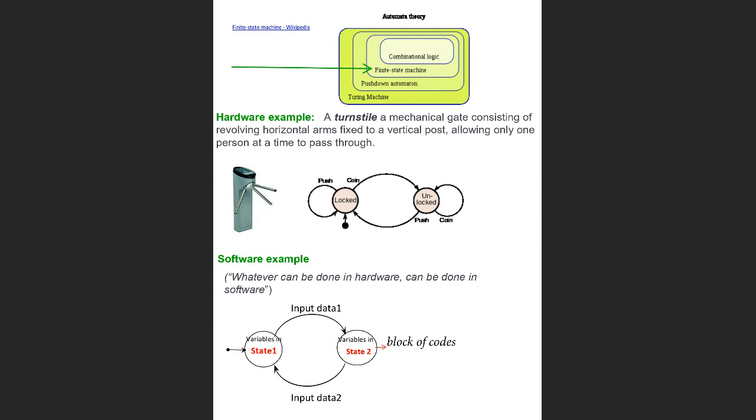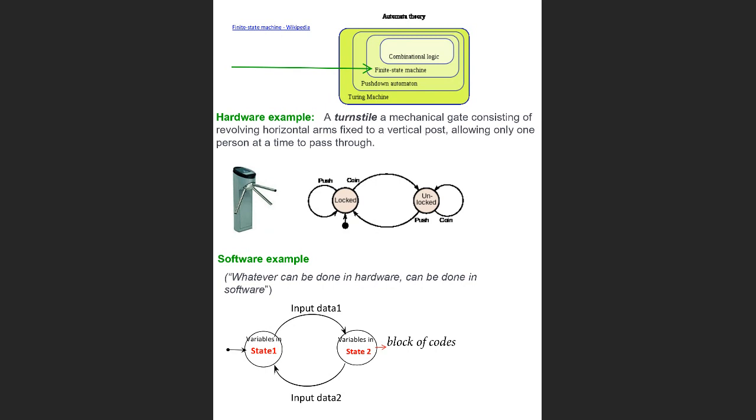And passing from one to another is performed by putting the coin into the machine or by pushing. So if it is unlocked when you push, the machine is locked. If it is locked, you put the coin, then the machine is unlocked.